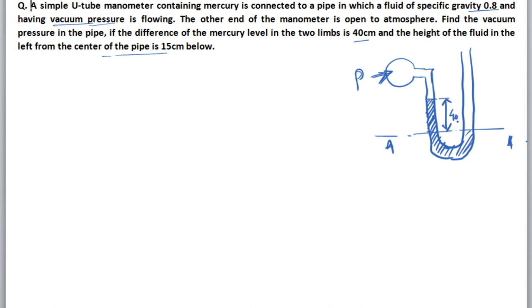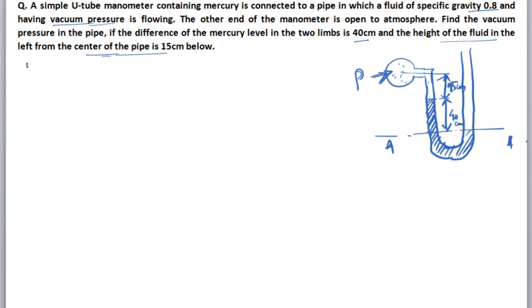This is 40 centimeter, and the height of the fluid in the left from the center of the pipe is 15 centimeter. So you can see this is the 15 centimeter part. Here you have light liquid.